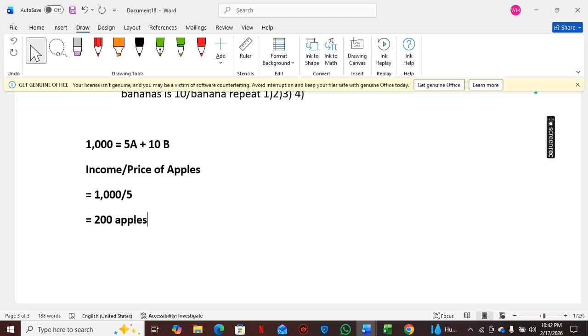If it comes to bananas, we want to buy bananas, 1000 divided by price of bananas, which is 10. So now we can buy 100 bananas.